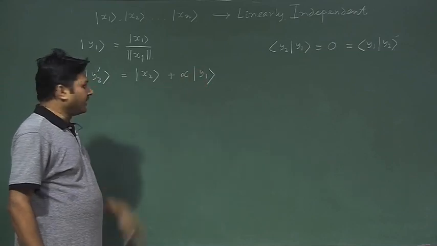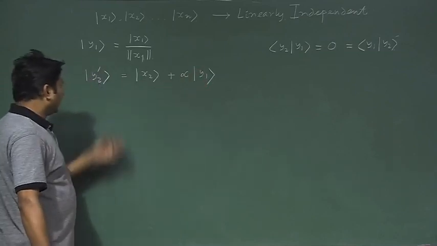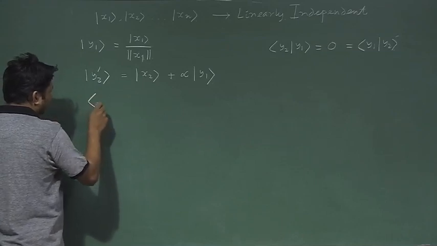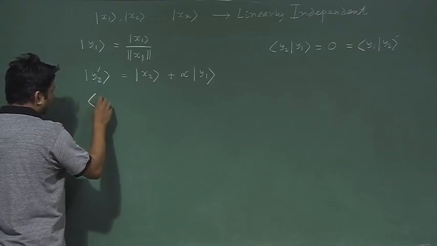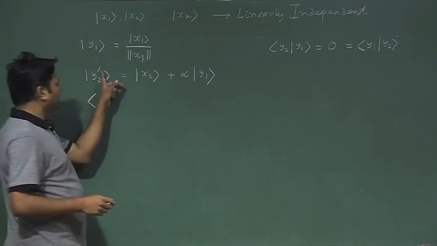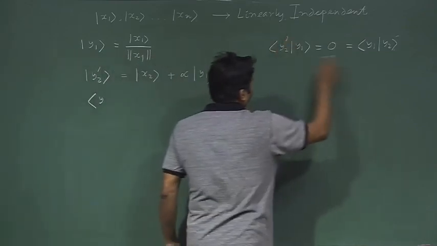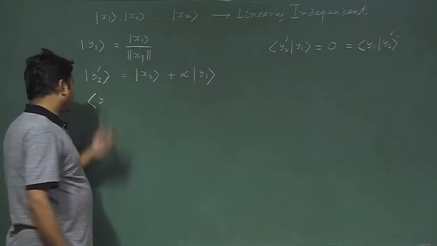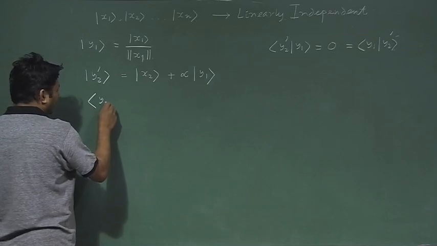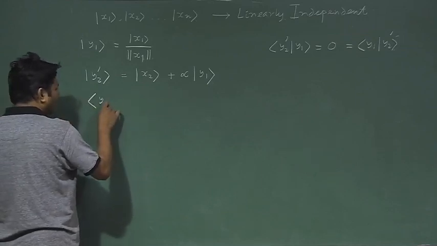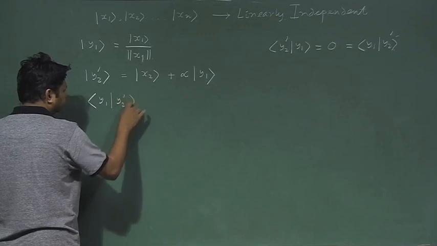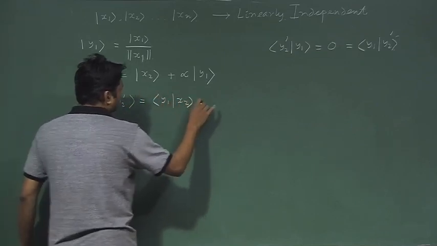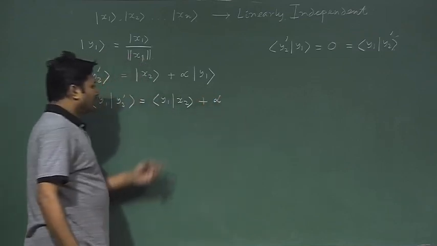We are dealing with real vectors for the time being. So now I will put the prime here, and then I will explain why this prime is taken. If I now operate with y1 from both sides, it will be y1 dot x2 plus alpha. Why alpha?